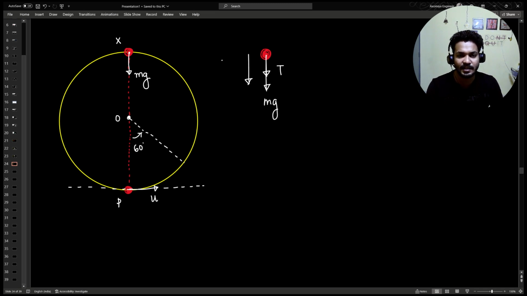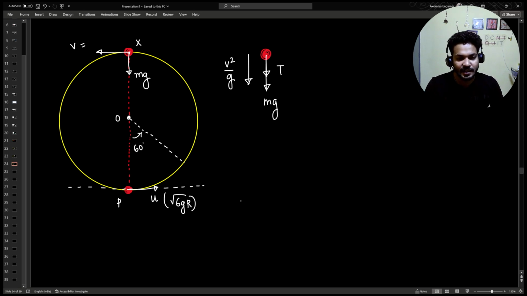It is also acting in the downward direction, and it is equal to v square by r. But we don't know how much this v is, because they told us the velocity is root 6gr at the bottom, but when it reaches the highest point the velocity reduces, right? It's not going to remain the same as root 6gr. It's going to be something less. Anybody know how much this velocity will be?